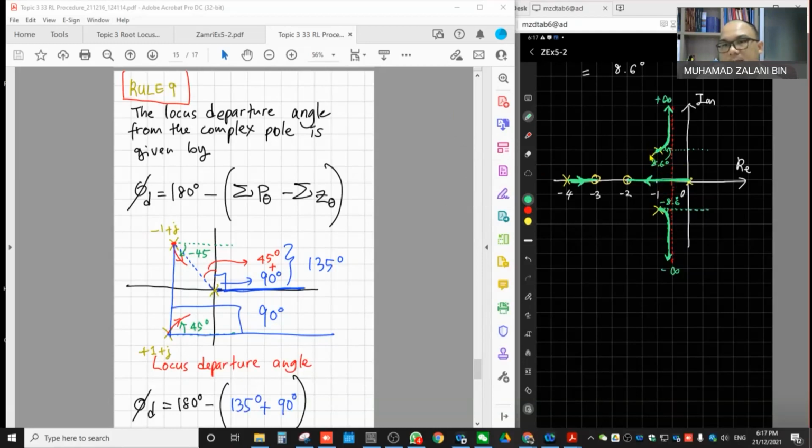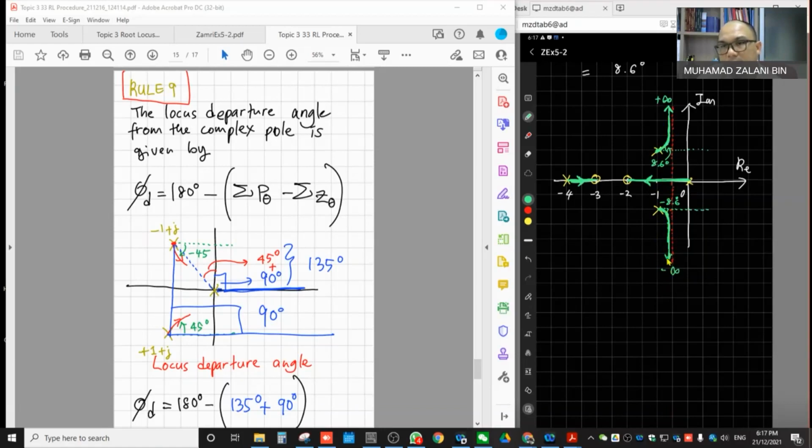Okay. Kalau you tak calculate angle of departure ni, just lukis je macam tu, tak ada markah lah untuk angle of departure. So basically you will need to show the angle of departure and draw the locus like this. So once the locus approaching the asymptotes, it will moving toward whether it's positive infinity or negative infinity lah.